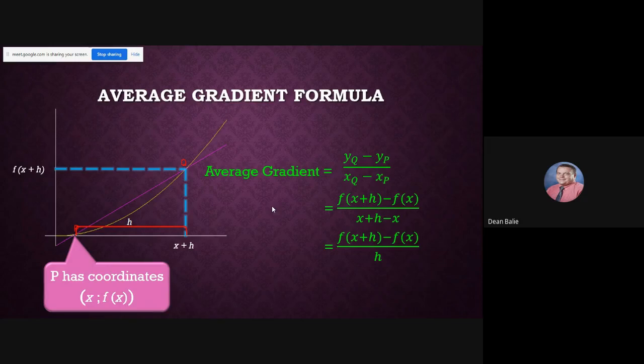And now I have a formula to work out the average gradient of any function between any 2 points. In fact, I can work it out exactly as long as I know the x value of the 1 point. Right, so that's our average gradient.